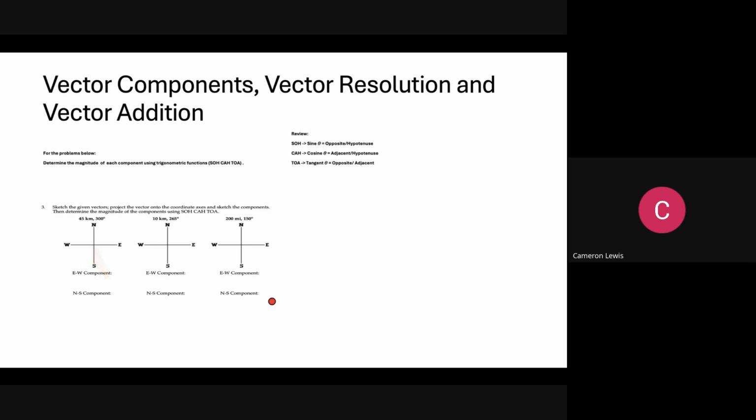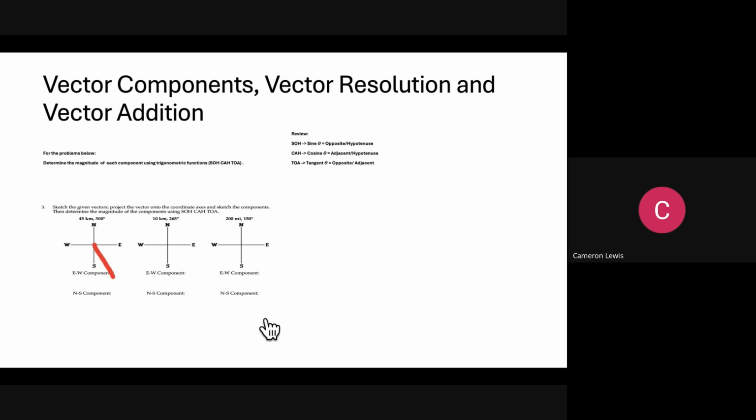Now, what I'm trying to find is asking me, look at what I'm about to draw in blue. It wants me to find these two components. Remember how we did vector addition? This is east and west. Let me make the second one a different color, I'll make it green.